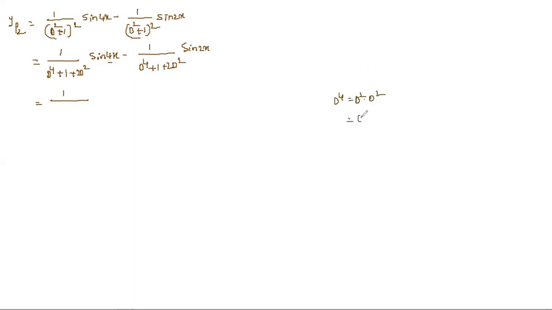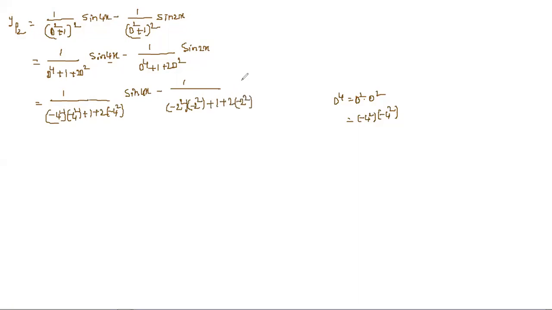Now we substitute D^2 as minus 4^2 into minus 4^2, so D^4 becomes minus 4^2 into minus 4^2. So we get 1 by (minus 4^2 into minus 4^2 plus 1 plus 2 into minus 4^2) into sin 4x, minus 1 by (minus 2^2 into minus 2^2 plus 1 plus 2 into minus 2^2) into sin 2x.